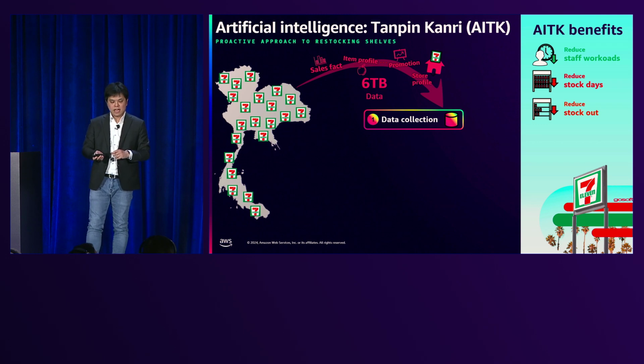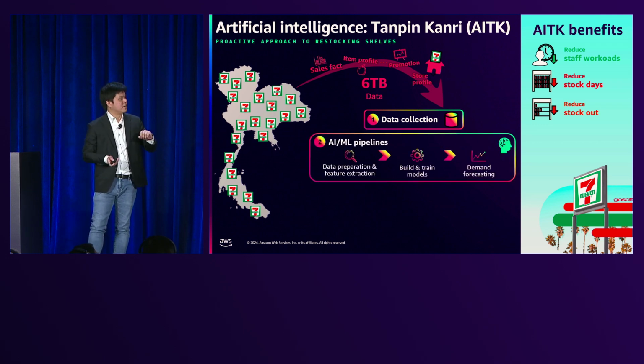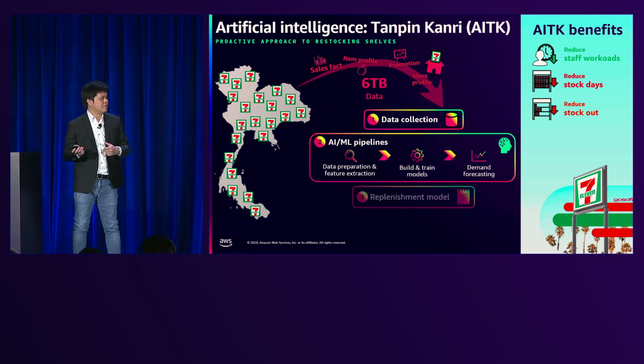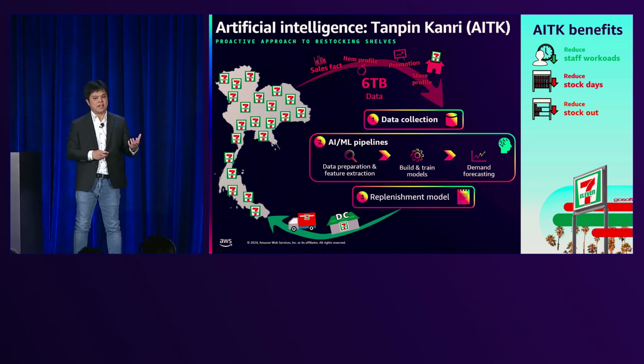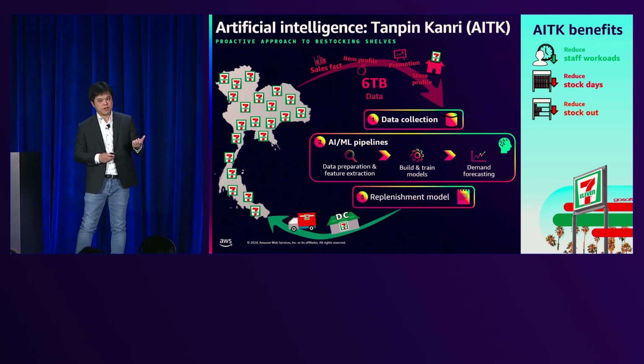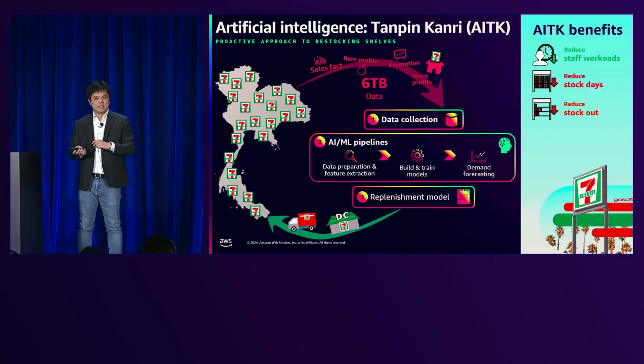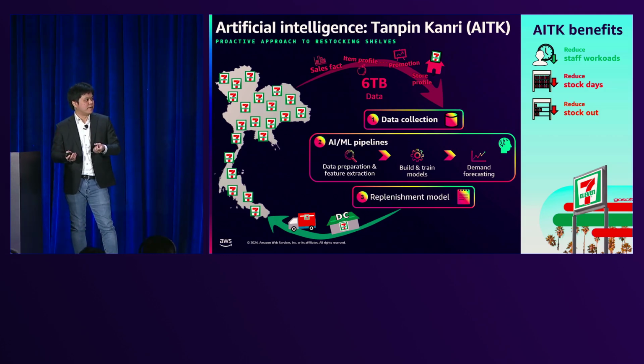And after this step, we run the AI/ML pipeline on SageMaker or Canvas AutoML until we got the output. And we use that output for the auto replenishment model, where we do the replenishment by our business logic and do the order automatically.